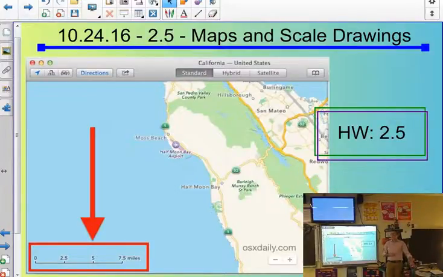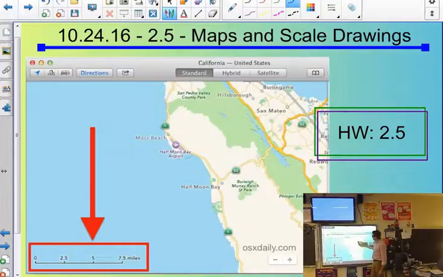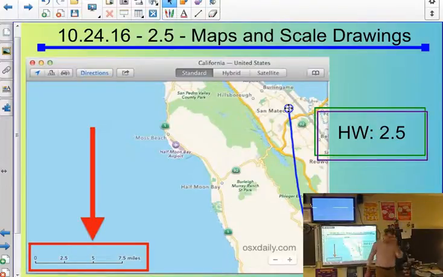So most keys will say approximately. If it's verbal, it'll say approximately. Or it'll just show you the picture, and it's up to you to measure. So I might measure, okay, I want to go from way up here to way down here. I can measure how far that is, and then compare it over to this chunk to set up and be able to solve how far the actual distance is.